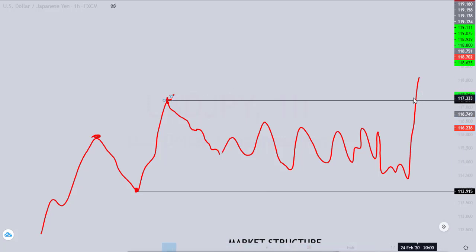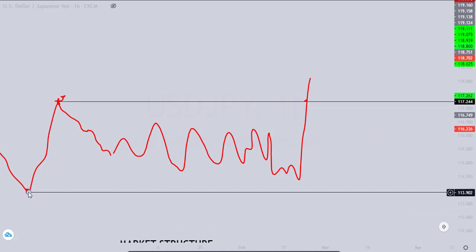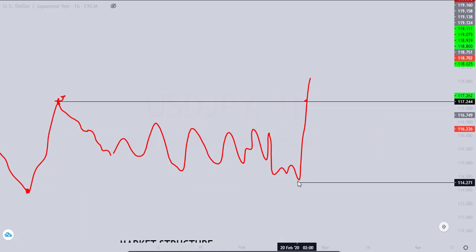So once a structure high is broken, now our trading range is violated. Now what we do, we have to adjust our trading range.